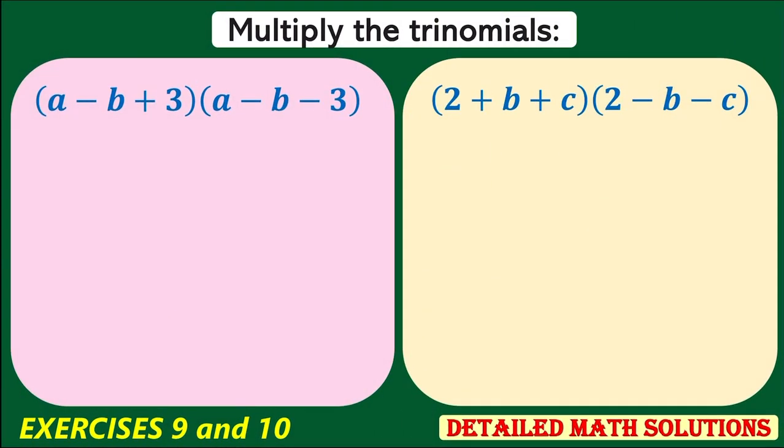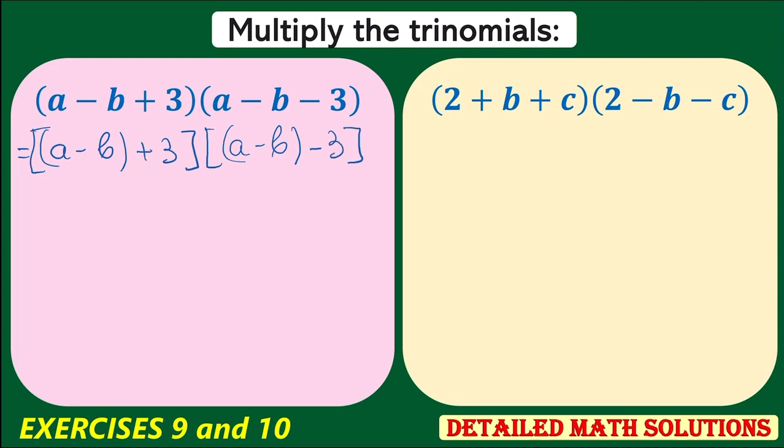Next exercise. Multiply the trinomials a minus b plus 3 in parentheses and a minus b minus 3 in parentheses. I can write this expression as a minus b in parentheses plus 3 in square brackets, multiplied by a minus b in parentheses minus 3 in square brackets.